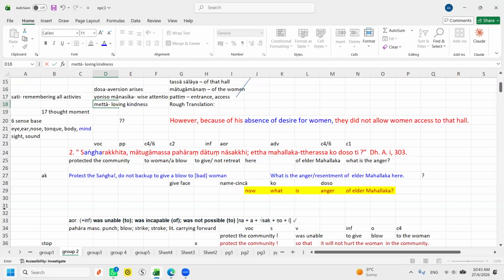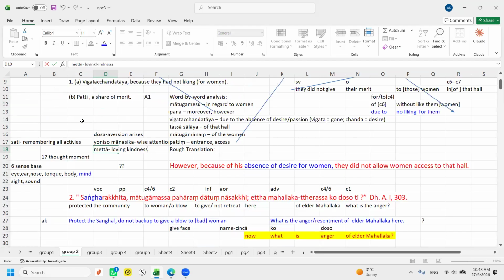So it all depends on your senses, because even the ear and the sound can be unpleasant. Somebody scolds you, somebody curses you, whatever. The sound is unpleasant, so still dosa arises. But if it's pleasant, what arises?